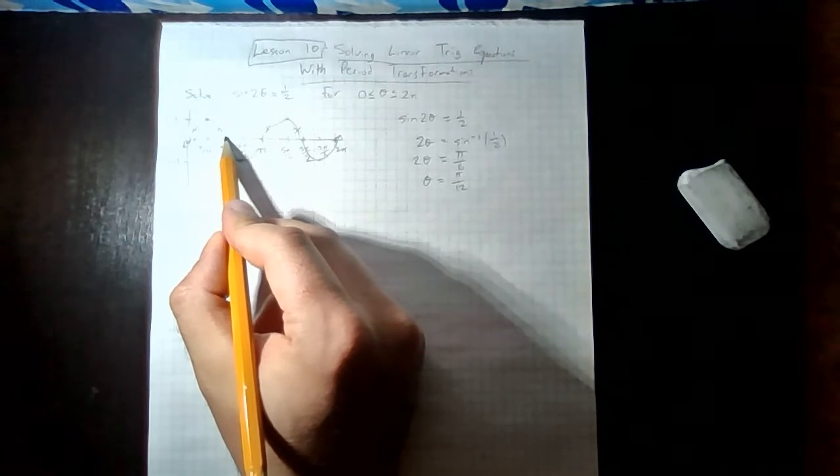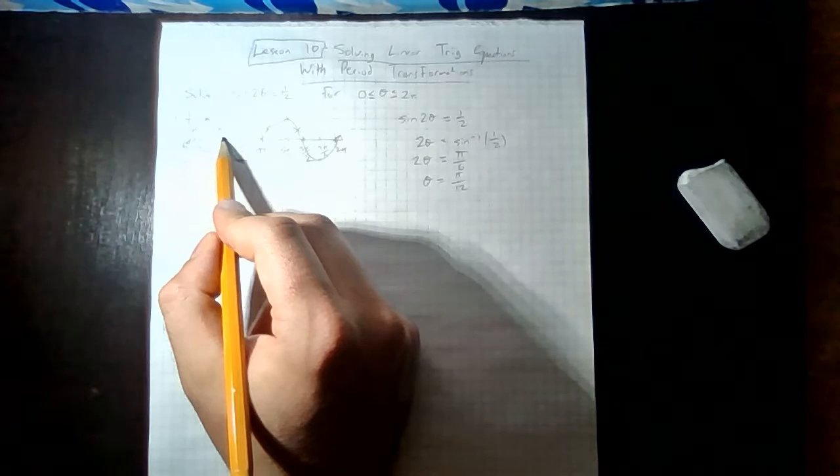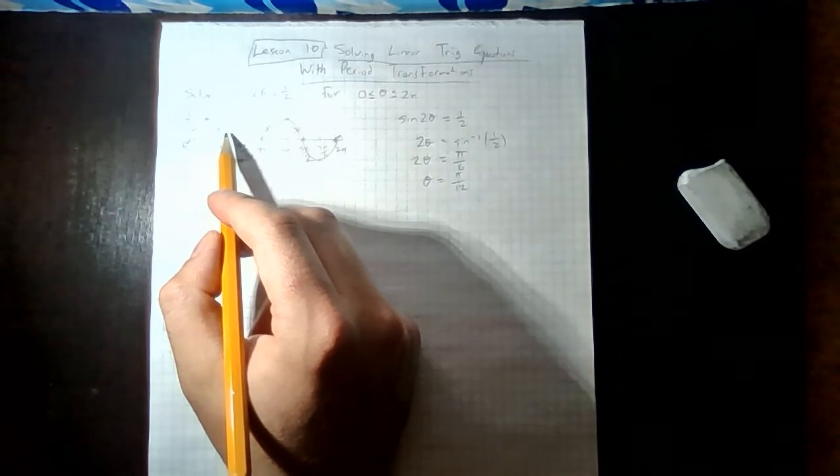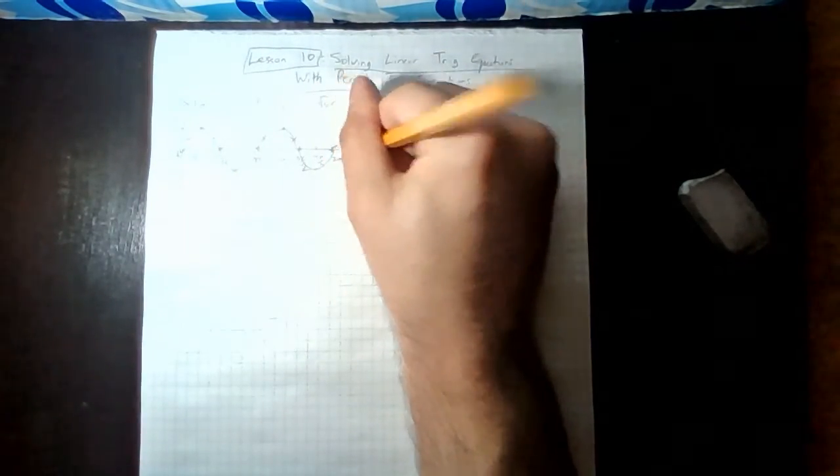So one possibility of our sine function going through 1/2 is at pi over 12. Also, pi over 12 before. So this function is sine of 2 theta.